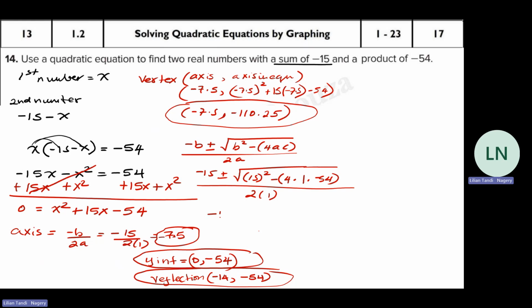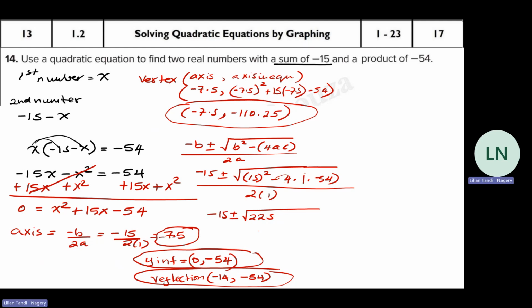This becomes negative 15 plus or minus. This should be 225 if I am not wrong. And then this should be plus negative 4. When I multiply this, I'll get a negative, and then that negative times this negative gives me a plus. Okay?